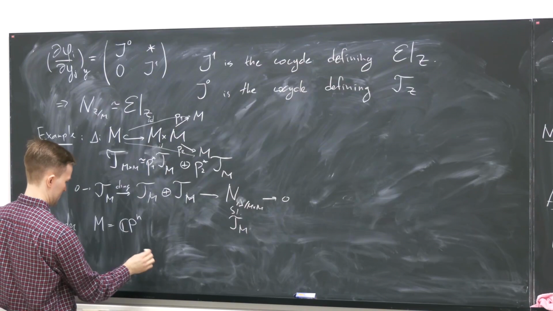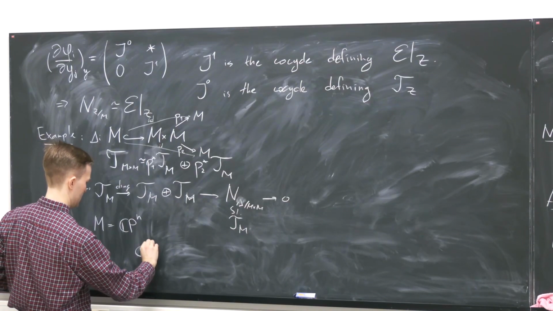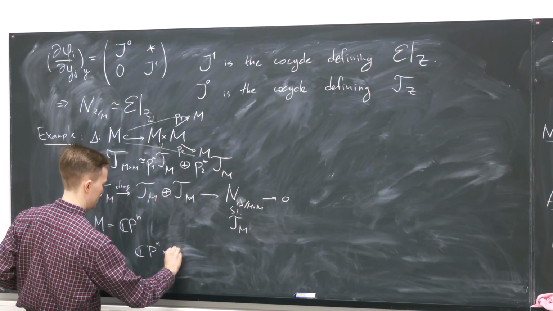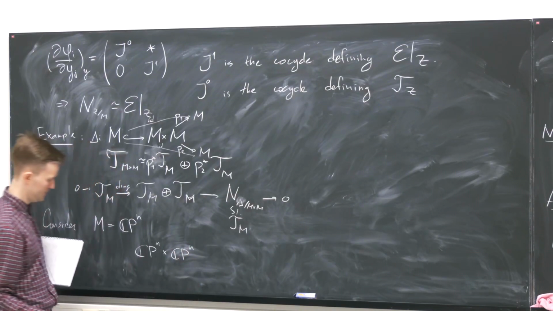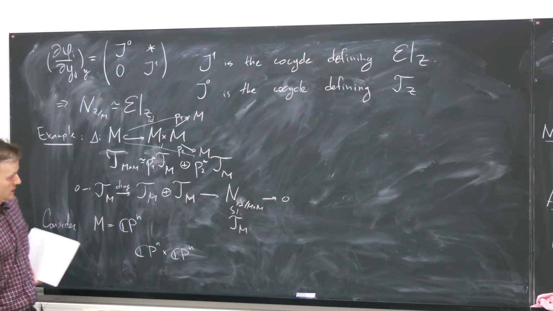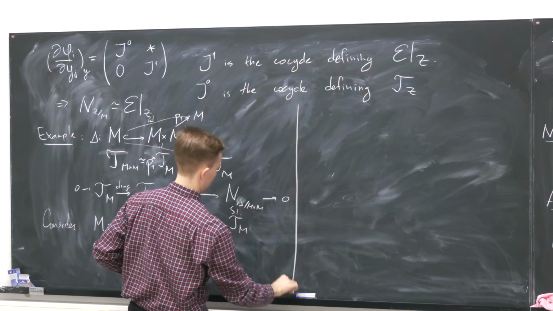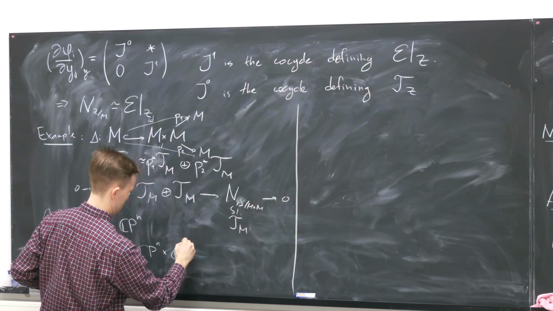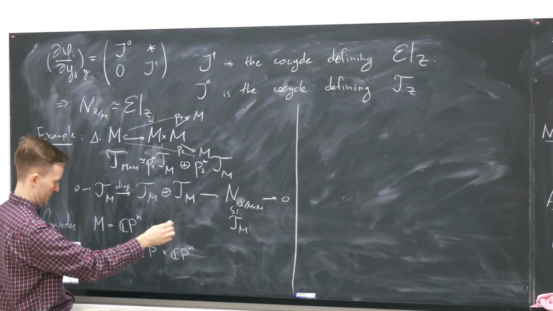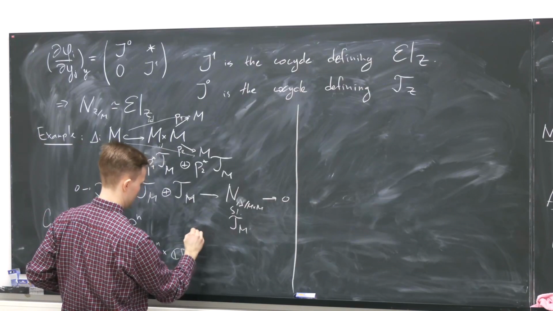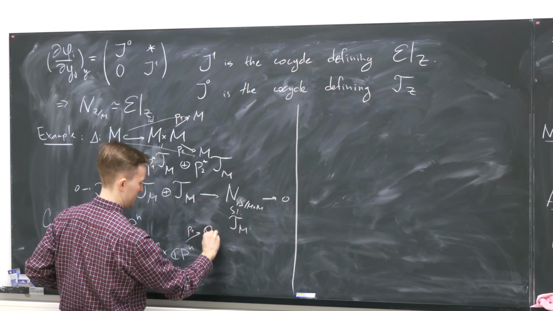look at CPn times CPn, and we okay. So we recall that. So from here we have two projections as before. So P1 and P2.